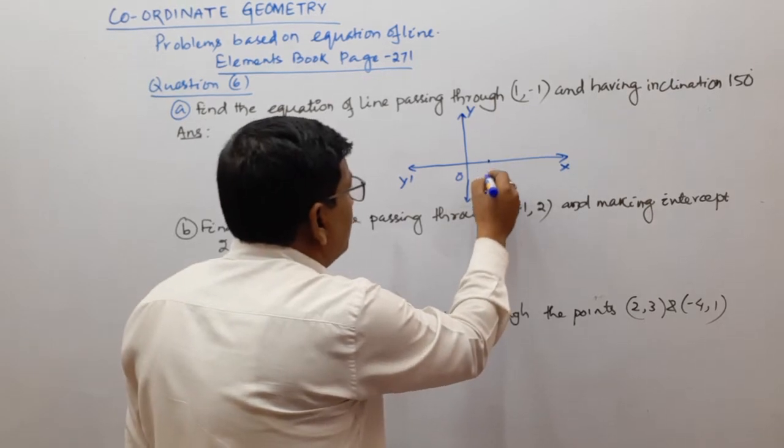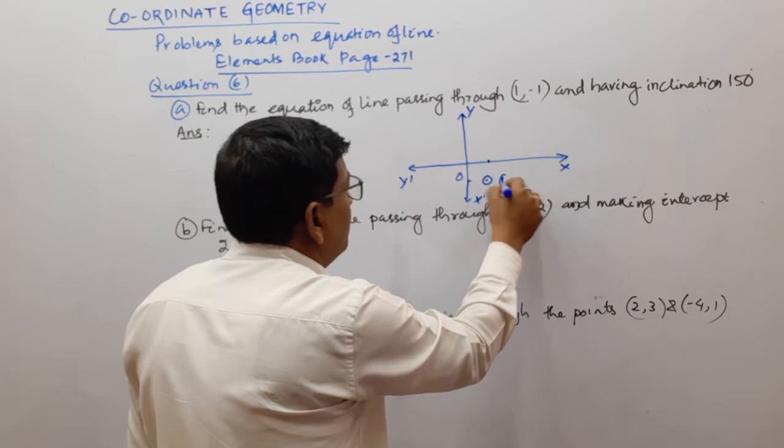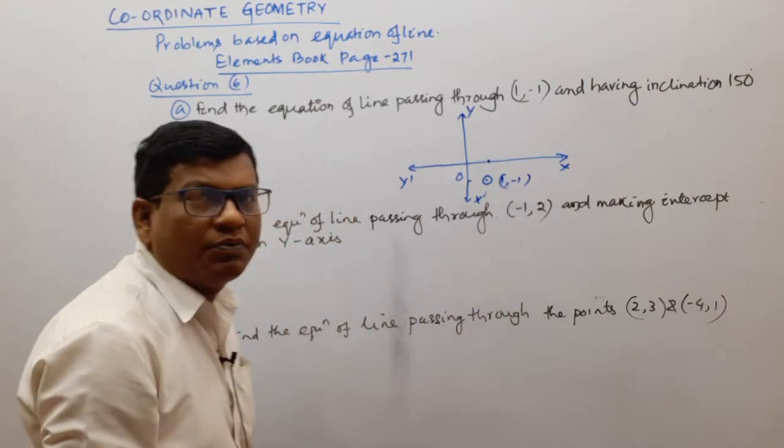Suppose this is 1 and this is -1. This point is (1, -1), and the line passes through this point.